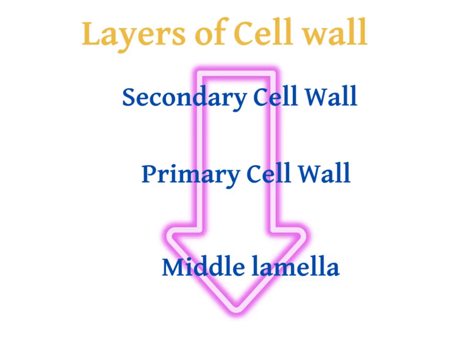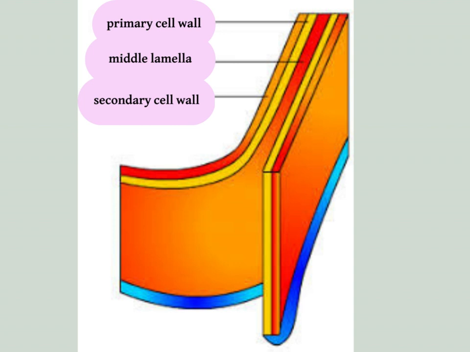Next comes the layers of cell wall. There are three main layers of cell wall: secondary cell wall, primary cell wall, and middle lamella. Sometimes we can also call middle lamella the tertiary cell wall. In this picture, we see the layers of cell wall. First of all, secondary cell wall is present.